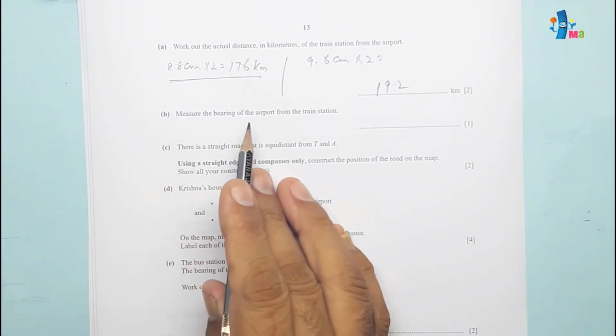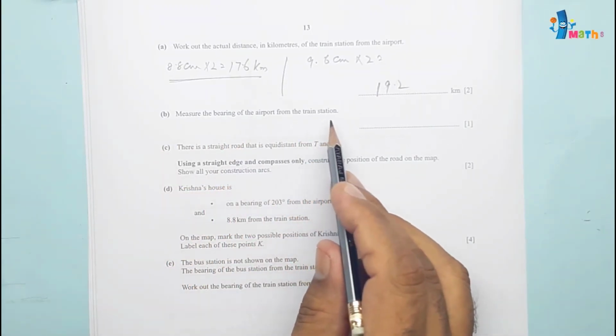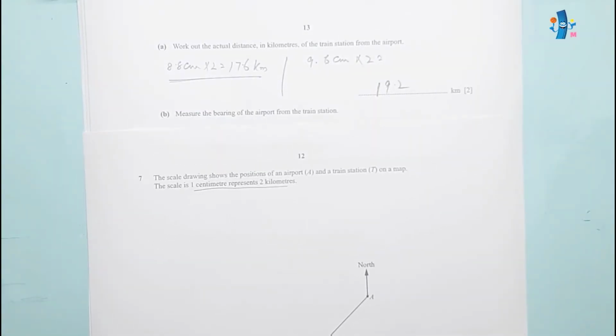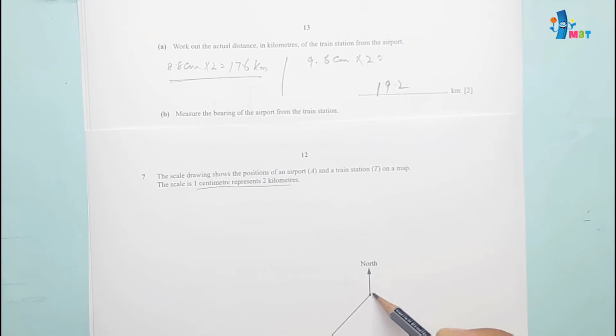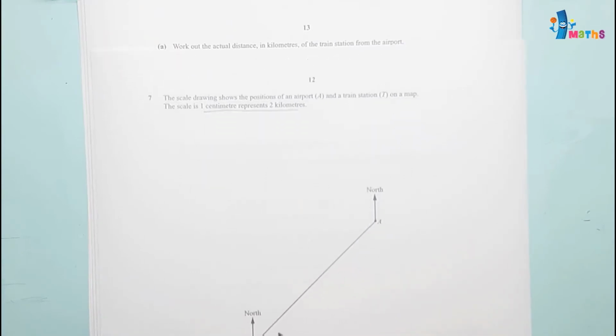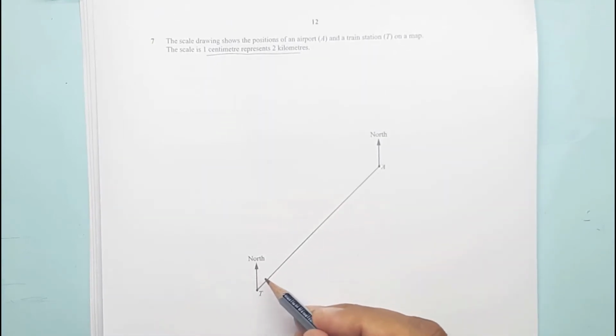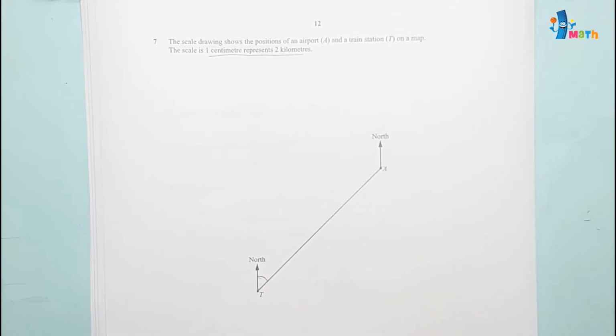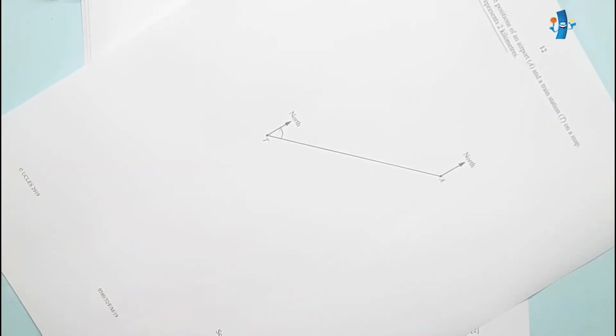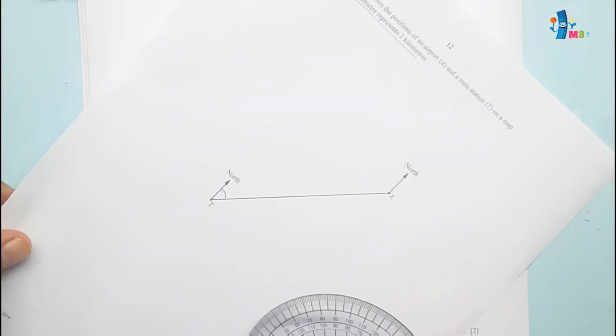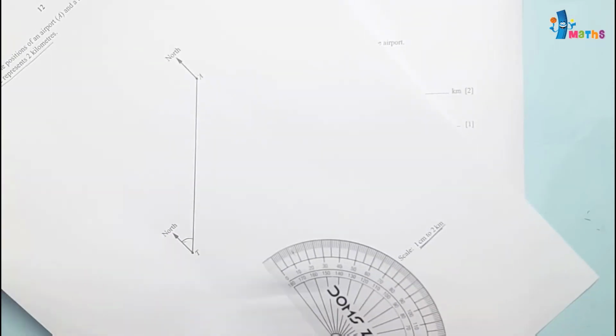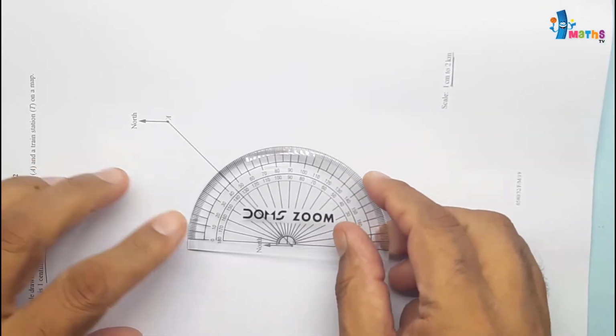Then measure the bearing of the airport from the train station. This is the bearing which we have to measure. If we measure this bearing with the protractor, we can measure it like this.